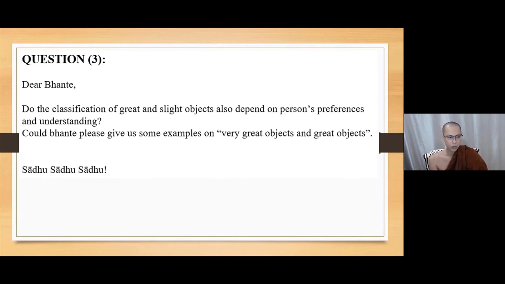In this way, we cannot identify the object according to preference or understanding. Sometimes when we see something, a great object, like now we see the screen, and then we can recognize.